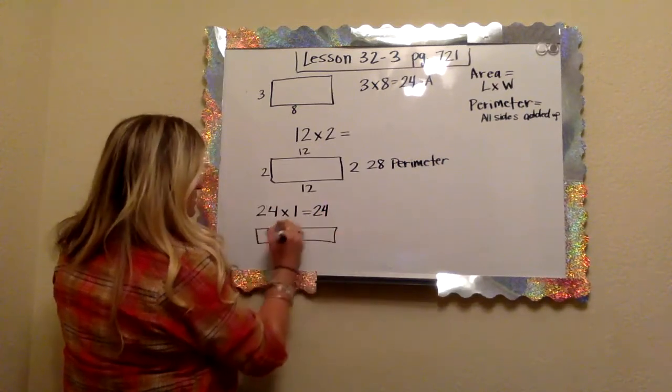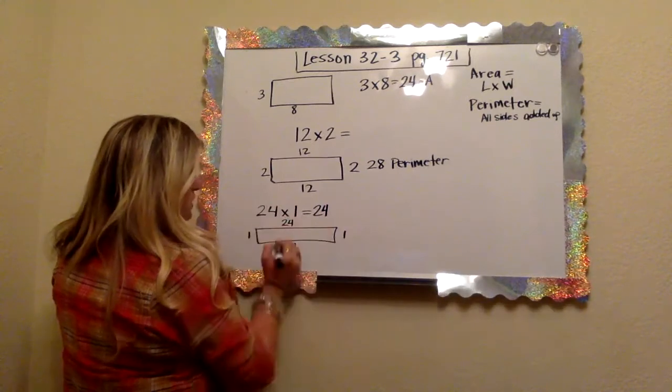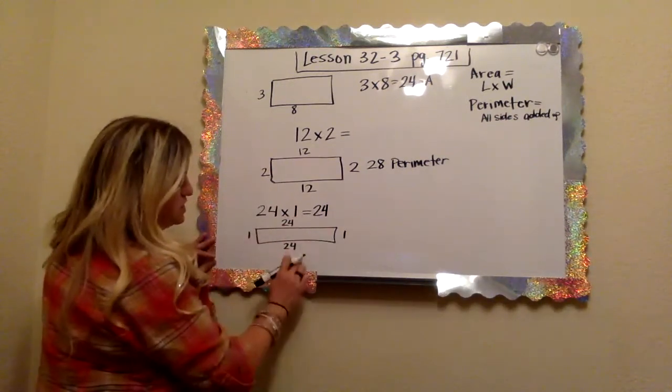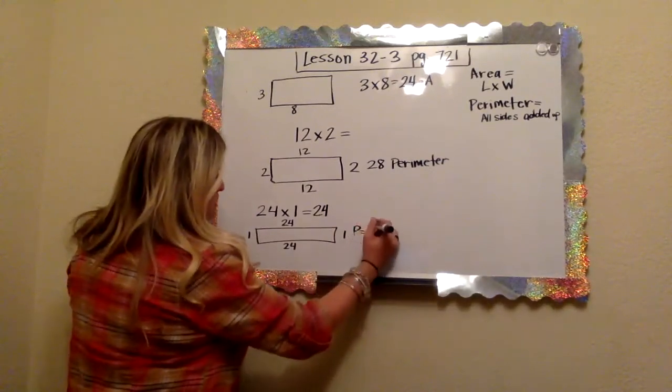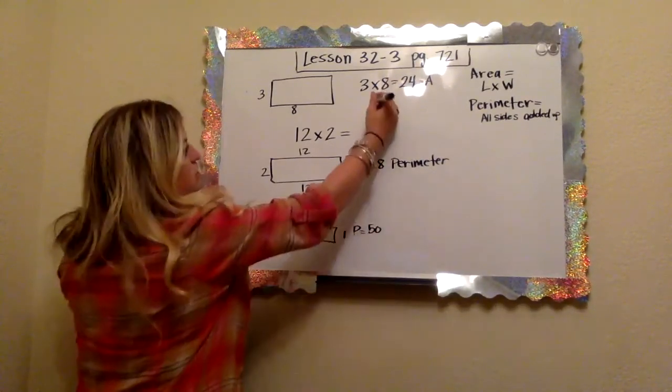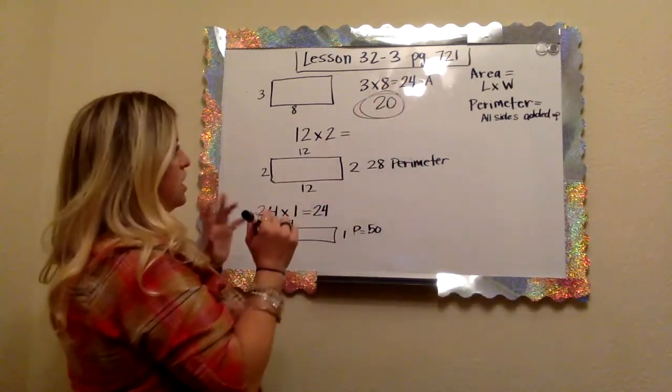However, this is going to be a greater perimeter because it's 24 plus 1 plus 1. 24 plus 24 is 48. Plus 1 is 49, 50. So my perimeter would be 50. That's not going to work. I need to get 20 because I only have 20 feet of fencing.